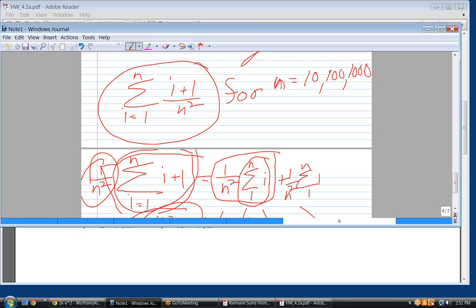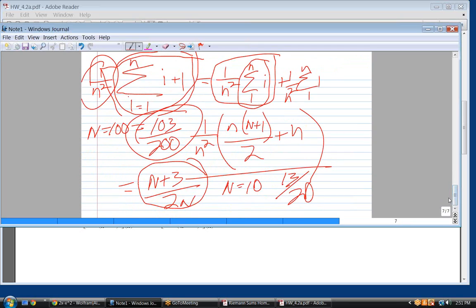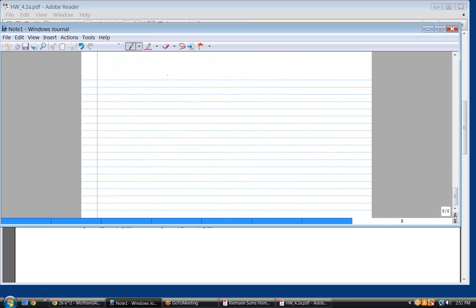So it's important that you understand a little bit about infinite series. Notice that when we solved this, we got (n plus 3) over 2n, and we were asked to evaluate what this would be as n went to 10 or 100 or 1,000. What's the limit of this as n goes to infinity?